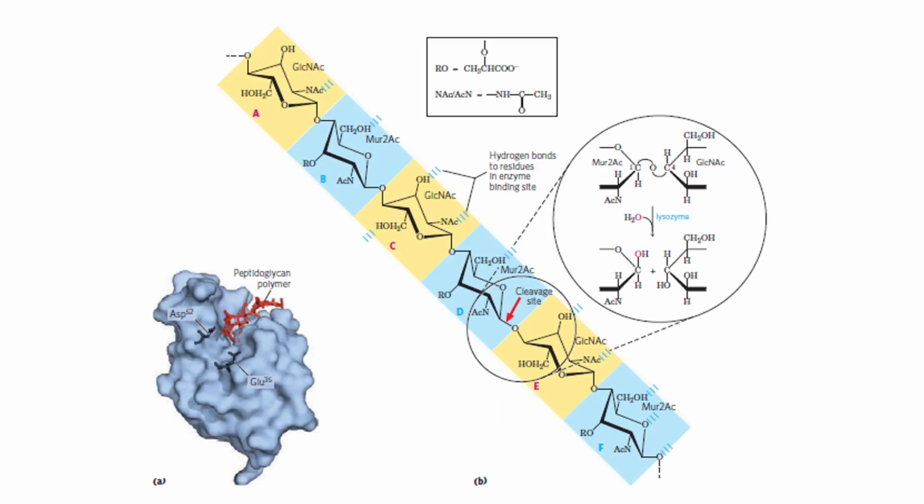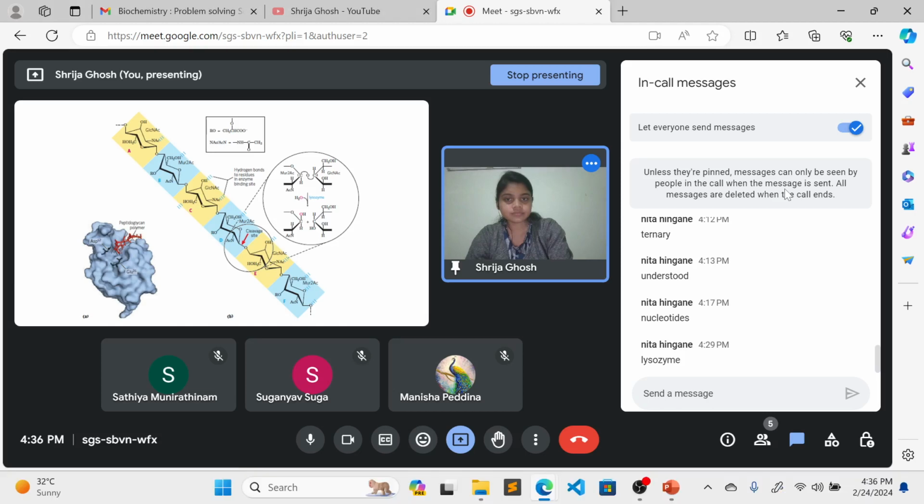So this bond is breaking, and at the fourth carbon an OH is coming, and at the first carbon also an OH is coming. Both groups are getting OH at the end, right? So the mechanism is clear.